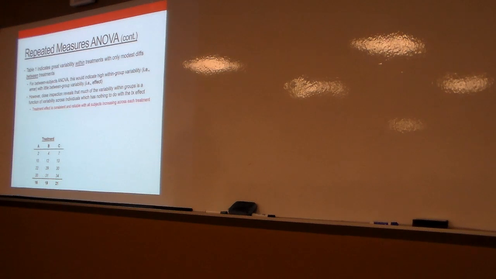And so in this table, we're seeing a huge degree of variability within cells and only a little bit of variability across the cells. And so what does this typically spell, Kate, in terms of our between subjects ANOVA designs? Sorry, can you repeat that? Yeah, so if I'm seeing a whole lot of variability within groups and not a lot of variability across groups, what does that suggest for my hypothesis test?